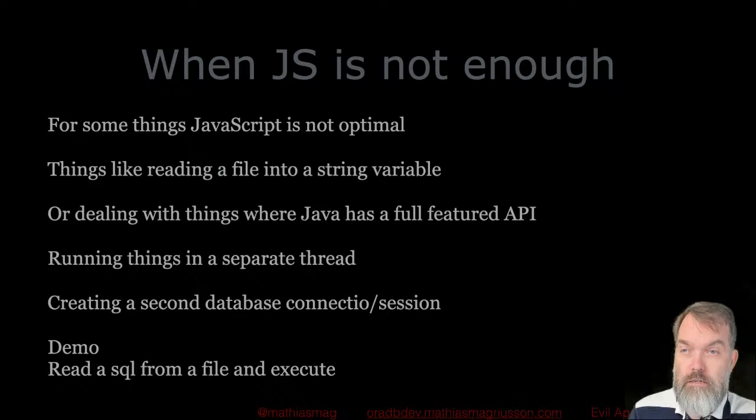That is pretty natural, pretty easy with Java, and it has boilerplate code. It's not hard to find. So in this example, what I ended up with, to make it somewhat brief, is to read a SQL from a file and execute it.